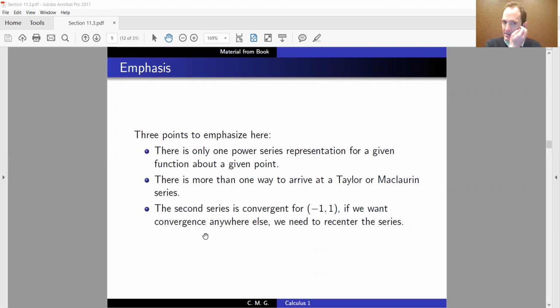The second of these is only convergent from -1 to 1. And if I want any convergence anywhere else, I actually have to recenter the series. So I've got to move the center of this thing. So if I want to look at 1 over 1 minus x for x equals 4, I actually have to recenter the series. So I'm going to move the series over to where I could actually have a 4 in that interval. And so centering it at 4 would be the way to go. Or if I wanted pi, I centered it at 3.